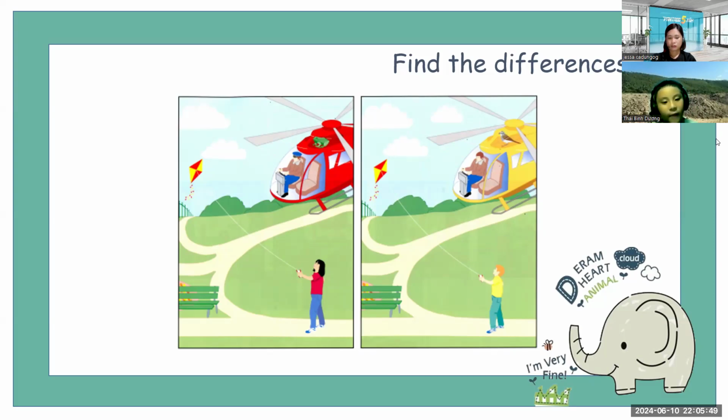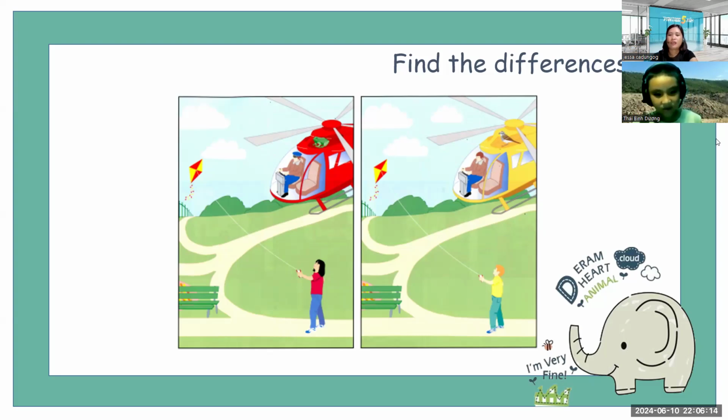Is there anything else that's different in these pictures? No, that's all? All right, so how many differences can you see here, Tony? 1, 2, 3, 4, 5.